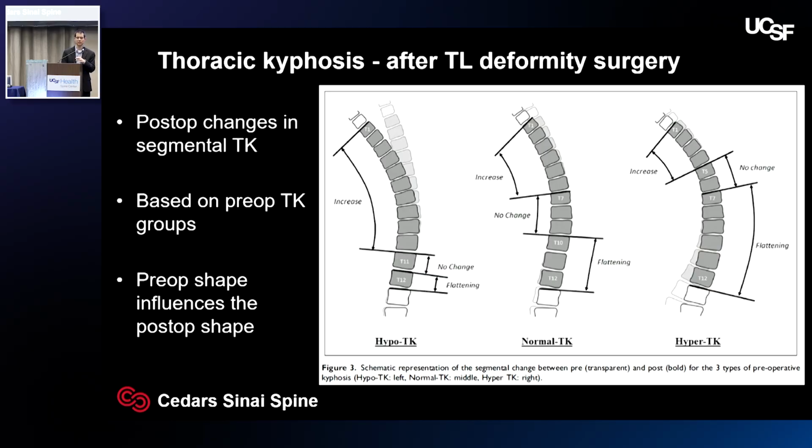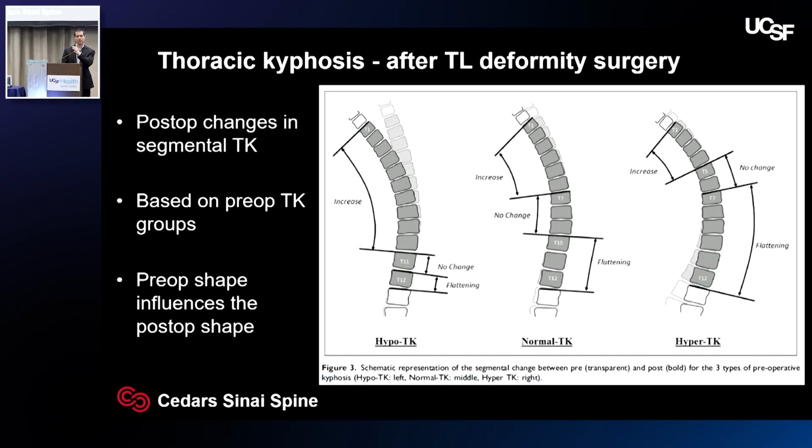But here's the figure I think sums up the entire paper. The translucent spine is the pre-op spine, and the darker spine is the post-op spine. They broke it down by hypo, normal, and hyper beforehand. What you can see here is that for the hypothoracic kyphosis patients, you have a large increase in kyphosis proximally, T1 to T11, with not much change below.